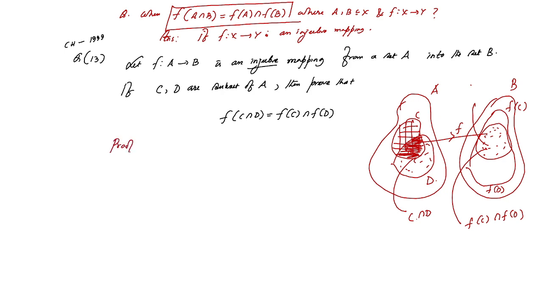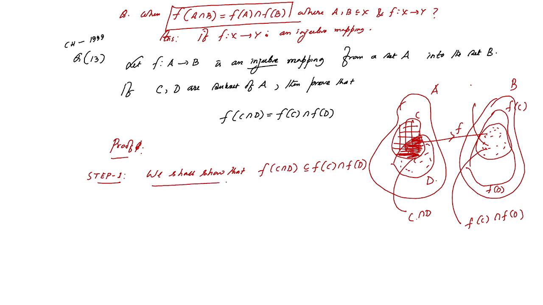So now we'll come to the proof, or you can say the solution. How to prove it? So first we'll prove, think about two steps. Step 1, we shall show that f of C intersection D is a subset of fC intersection fD.